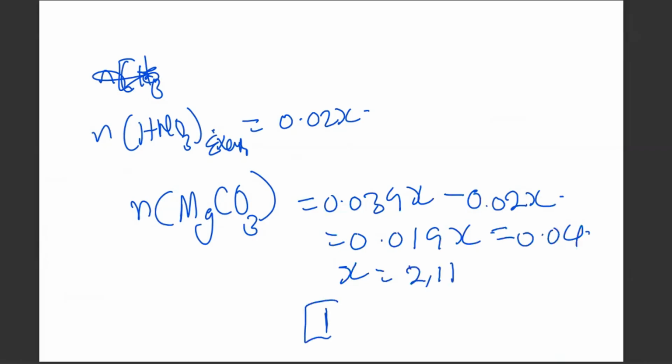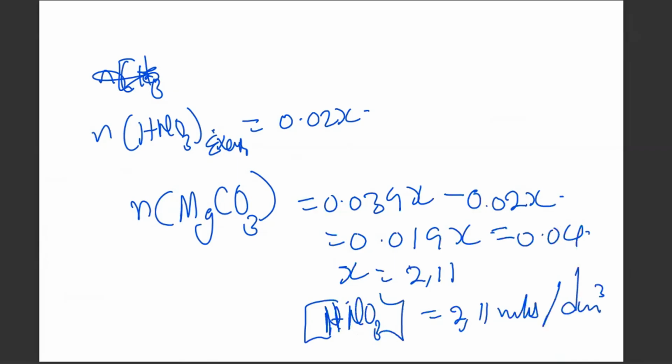Therefore the concentration of nitric acid is equal to 2.11 moles per decimeter cubed, or sometimes we say 2.11 molar, capital M. Moles per decimeter cubed is the same as saying molar.